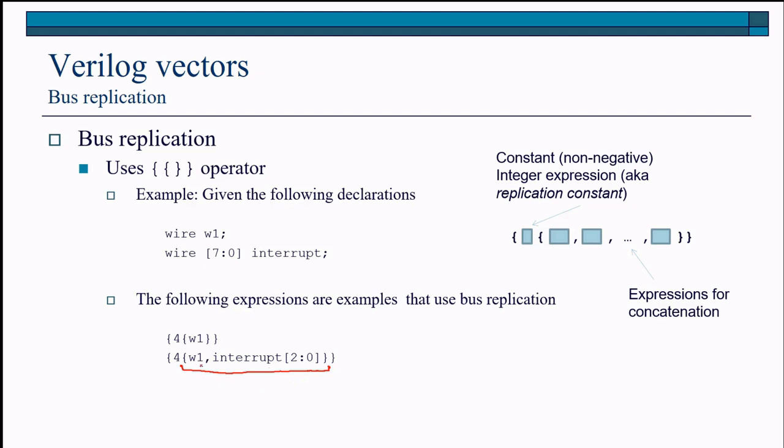The concatenation part involves two expressions, W1, which is a 1-bit value, and interrupt[2:0], which is a 3-bit value. So you've got a 1-bit and 3-bit giving us a 4-bit value, and that 4-bit value then is repeated 4 times, giving us a 16-bit value.